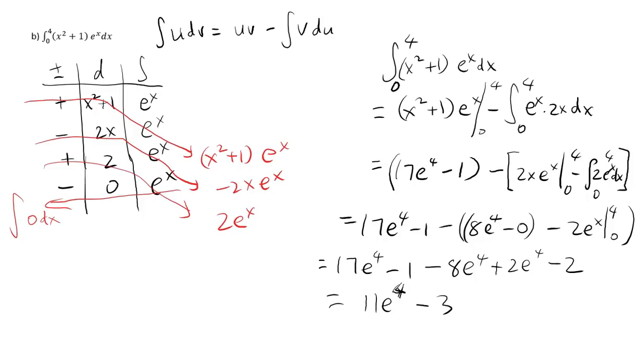Alright, so adding all of them, you end up with x squared plus 1 minus 2x plus 2 times e to the x as your final integral, and you're trying to plug in 4 and 0. Now, when you plug in 4 squared is 16, minus 8 would be 8, but then you add 3, so it's 11 e to the 4, and when you plug in 0, it's 3 times e to the 0, so it's minus 3. So you get this answer in a much quicker way.